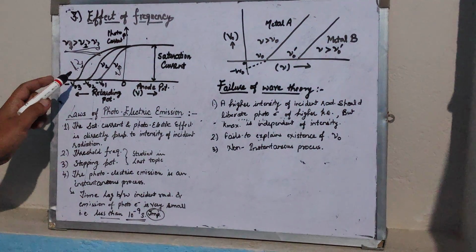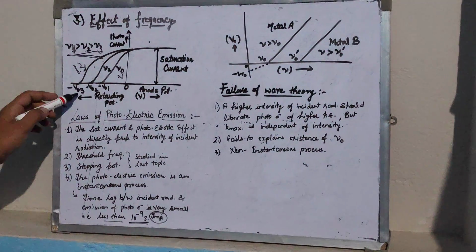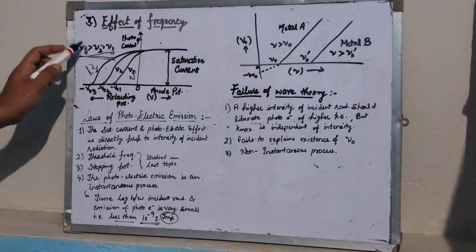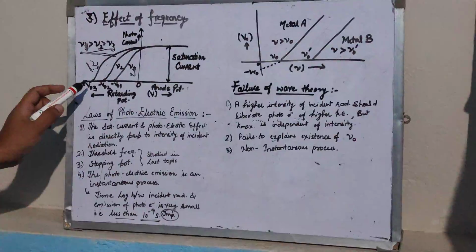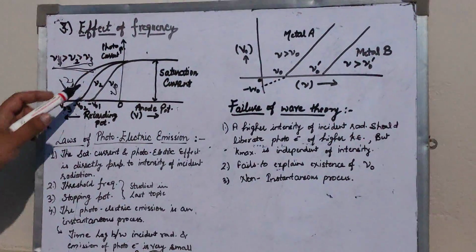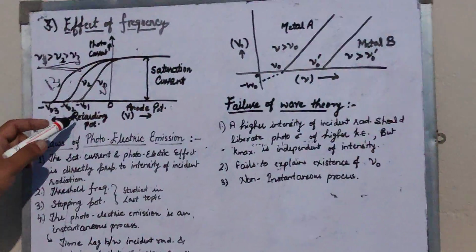This is a conceptual question, so the corresponding stopping potential will also change according to this order, nu1, nu2 and nu3. It will become V01, V02 and V03.